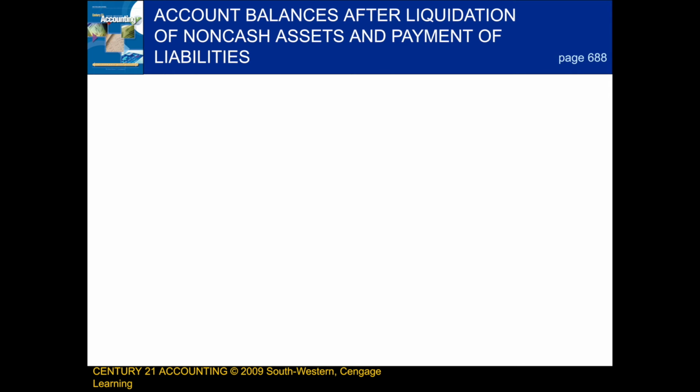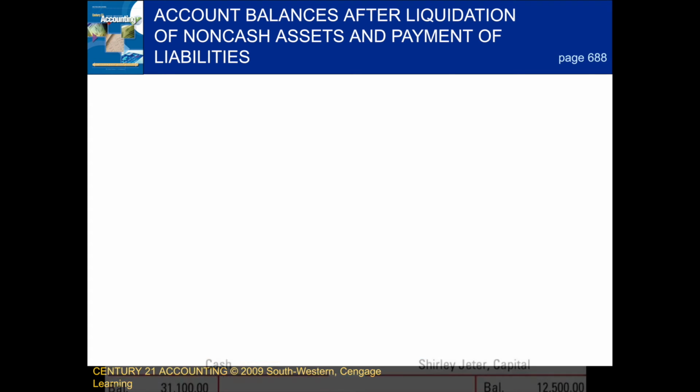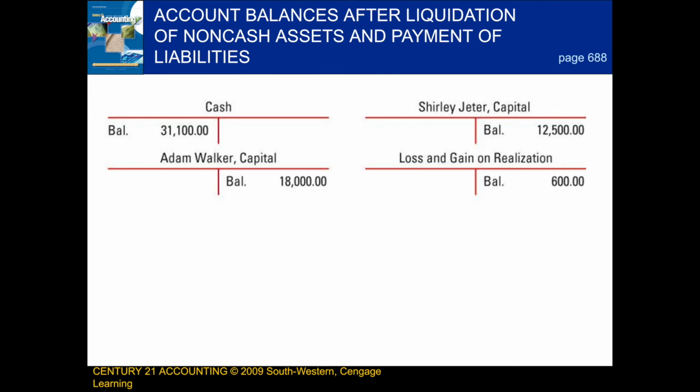Next we're going to be talking about the account balances after the liquidation of non-cash assets and the payment of liabilities. As you can see, the cash account has an updated debit balance of $31,100.